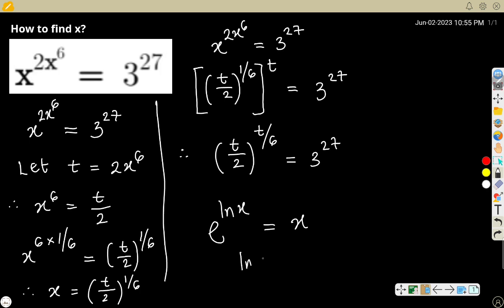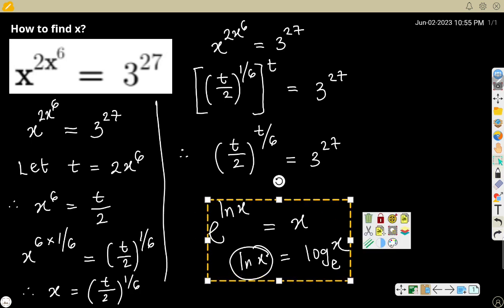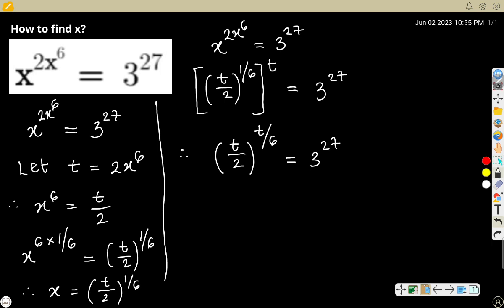Because ln s is the same thing as log of base e, that is, ln s is log base e of s. So anytime you see ln in math, know that it means log to base e.